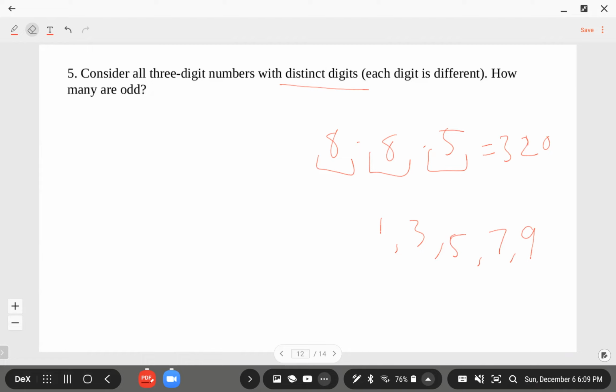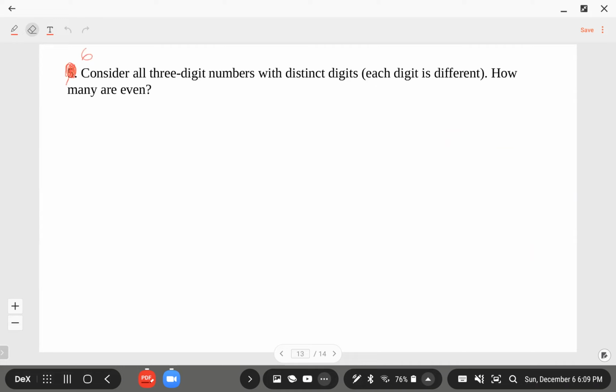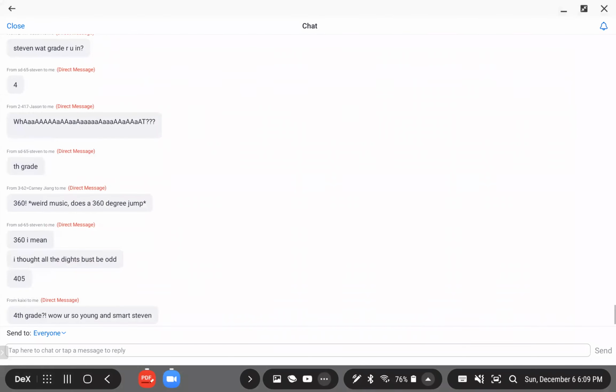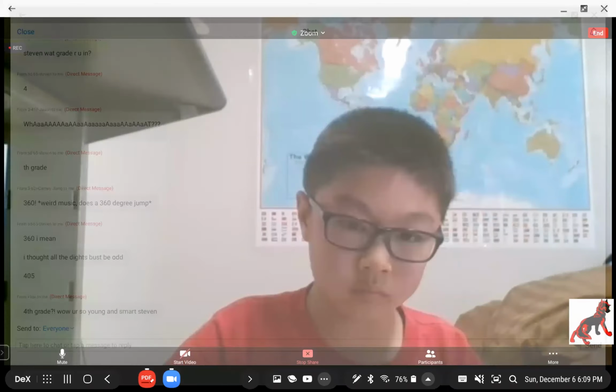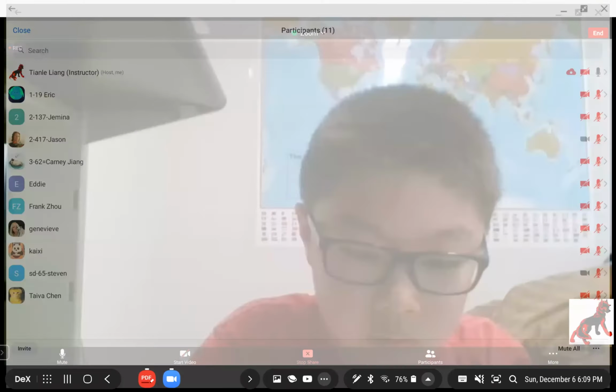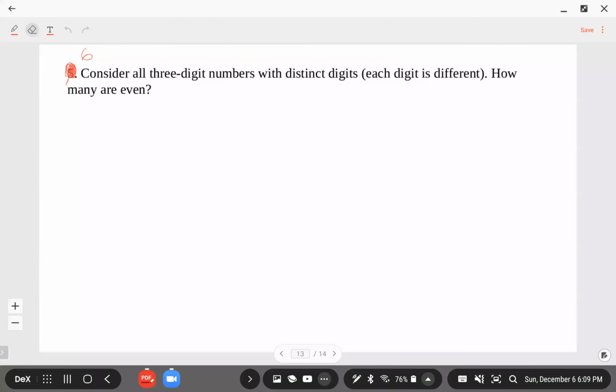So let's go on to number 6, and this is the exact same problem, except how many are even? We're a bit over time already. Sorry for that. But basically, if we already figured out how many are odd, to figure out how many are even, we just use exclusion, right?